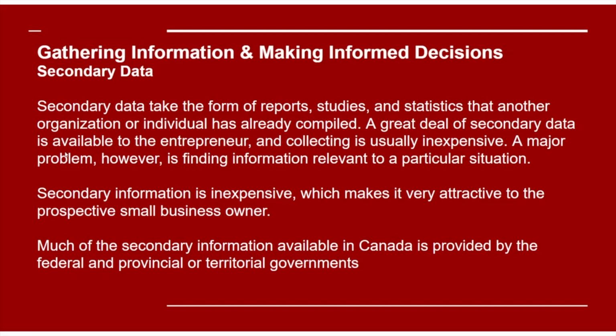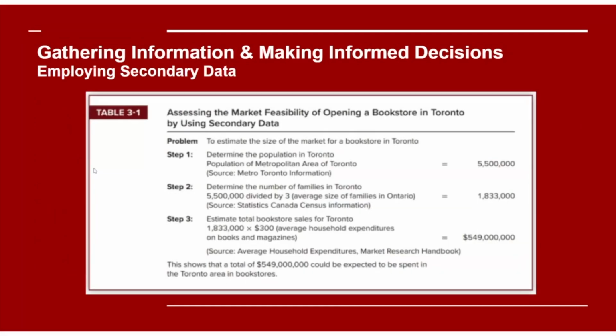Okay, so I just wanted to give you an example here that we're going to take a look at ourselves now. We're going to duplicate this concept for us here locally. Here's an example of how secondary data can be used to evaluate whether our business is worthwhile pursuing or not.